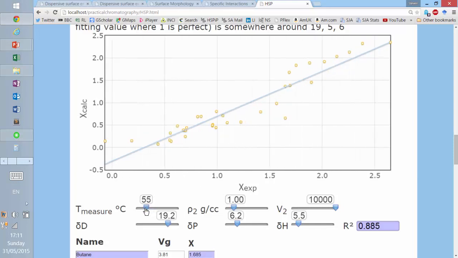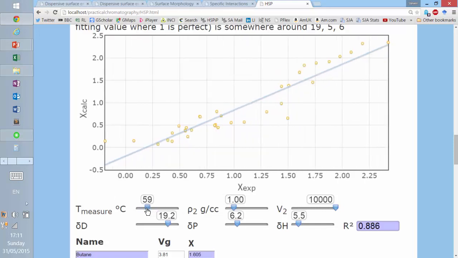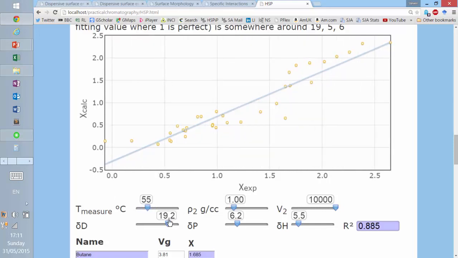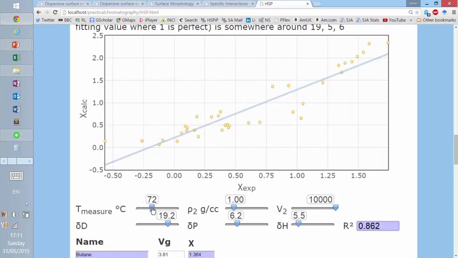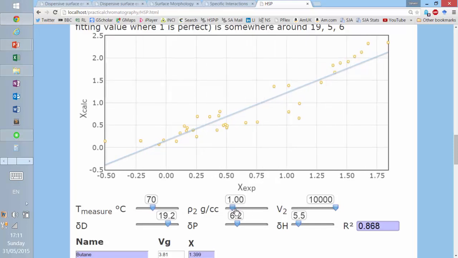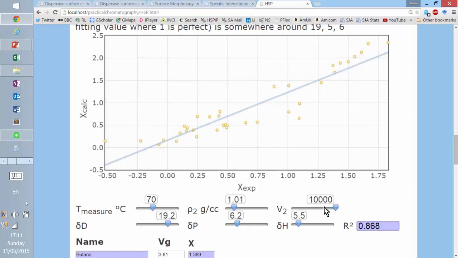Had this been measured at different temperatures, then everything swaps around. So this happened to be 70-degree data, and there are corrections for the density and the molar volume and things like that. So what I'm saying is that we as a community can start measuring HSP values using this sort of technique. But there's a problem.